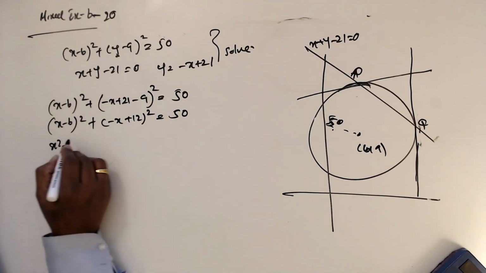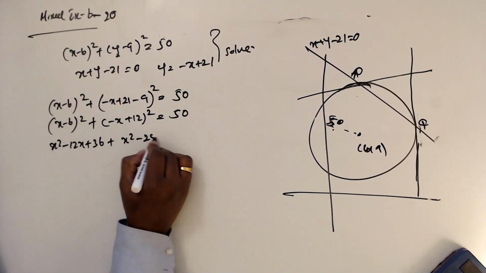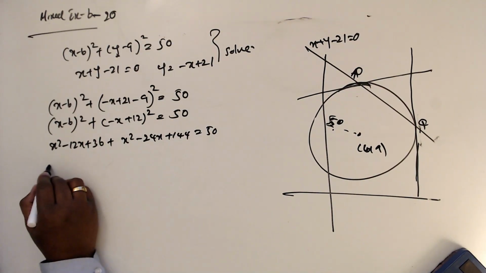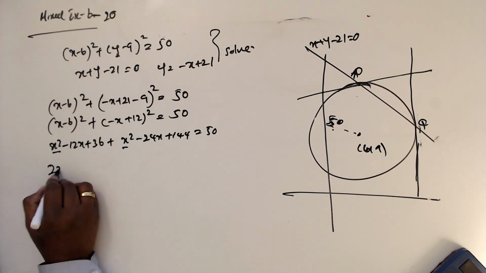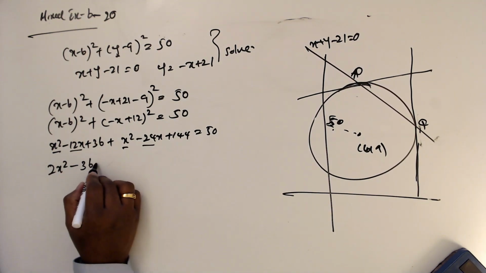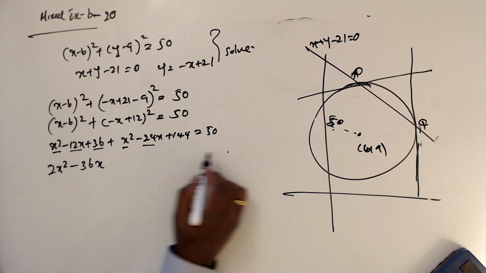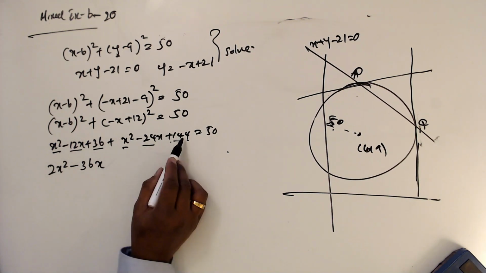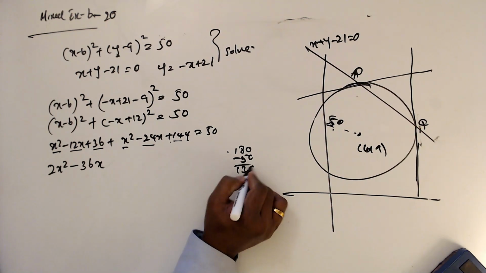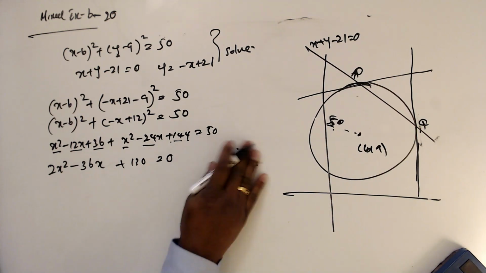So x squared minus 12x plus 36 plus x squared minus 24x plus 144 equals 50. Now x squared and x squared make 2x squared, minus 12x minus 24x is minus 36x, and 36 plus 144 is 180, minus 50 is 130. So 2x squared minus 36x plus 130 equals 0.